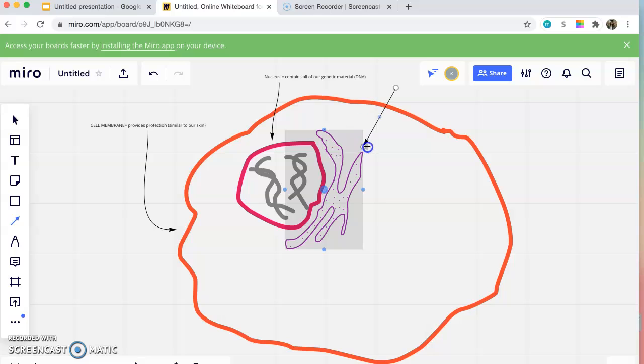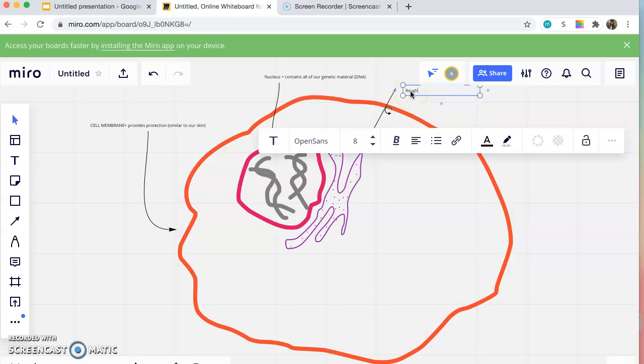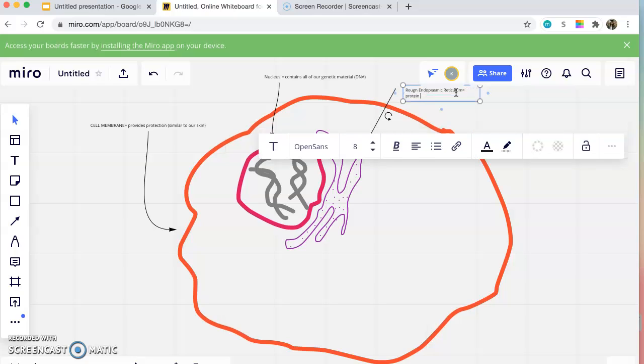Oops, let me point right there. Get my text box. All right, so like I said, that is our rough endoplasmic reticulum. The rough endoplasmic reticulum, which sits right outside of the nucleus, is going to be responsible for protein synthesis.